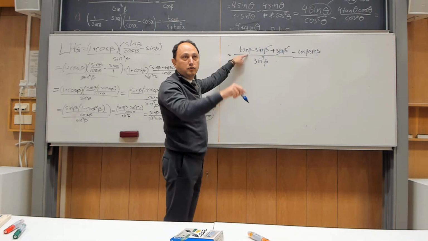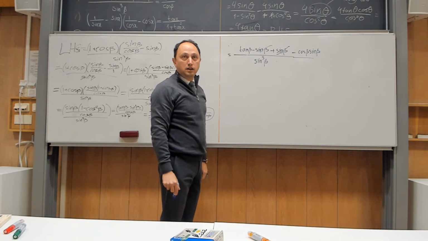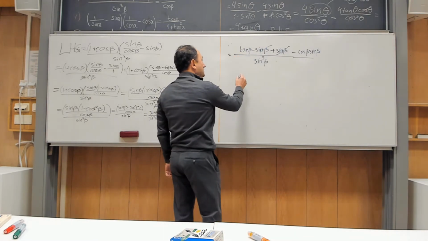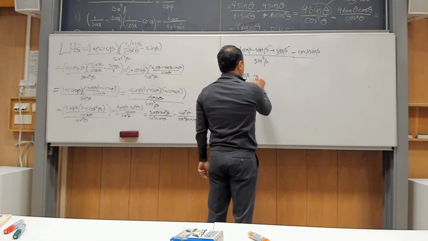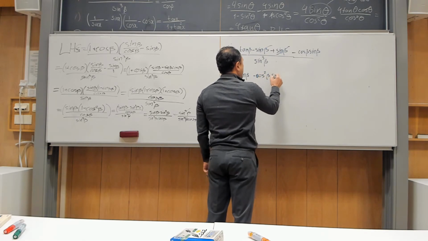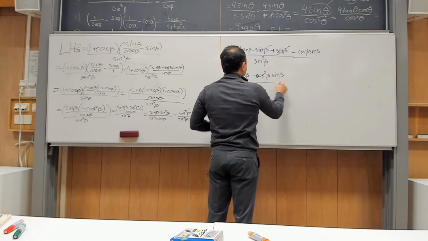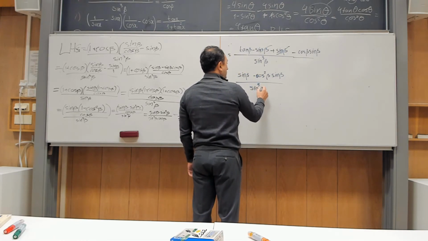It is sine over cosine. So I decide to multiply by cosine. When I multiply by cosine, this becomes sine beta. This becomes minus cosine squared beta sine beta. But when I multiply the numerator by cosine, I have to multiply the denominator by cosine as well.